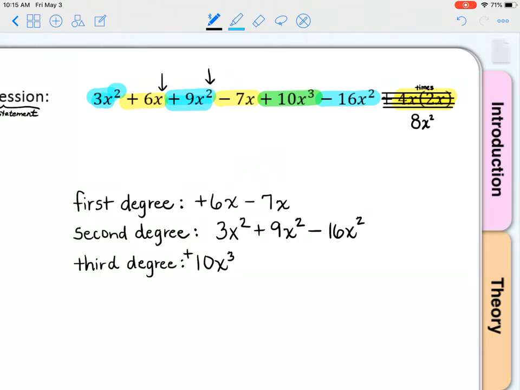And then finally we have another second degree term. We have that plus 8x to the second. So we have classified each part of this expression by its degree. And we've grouped those down here on the bottom by degree.